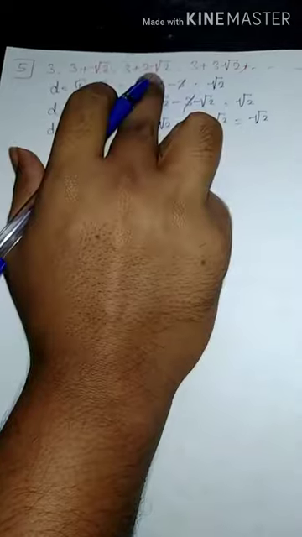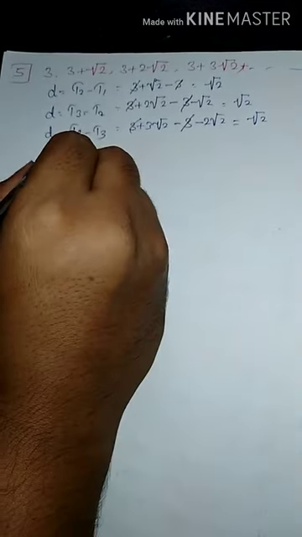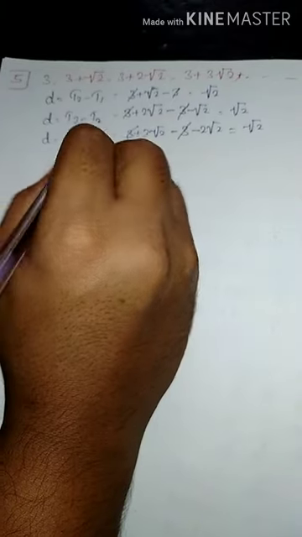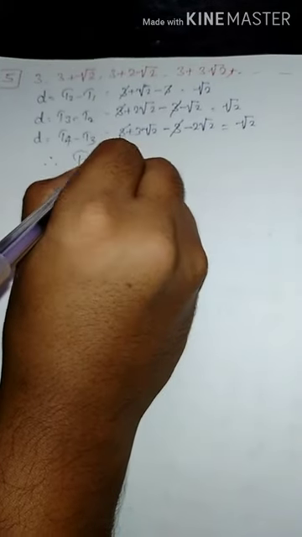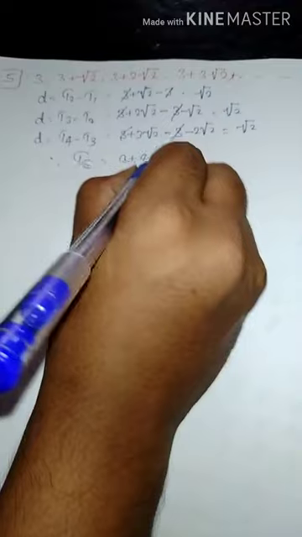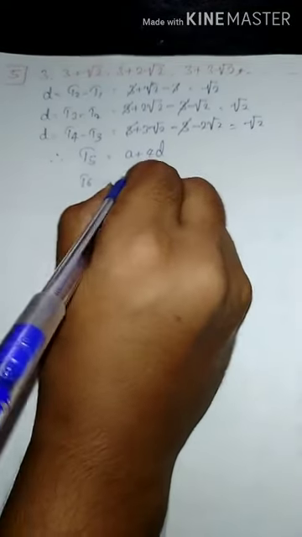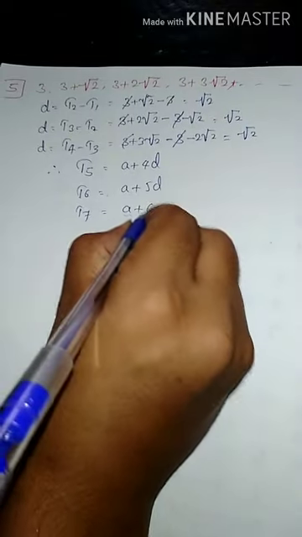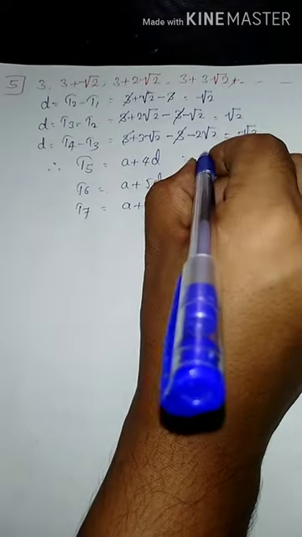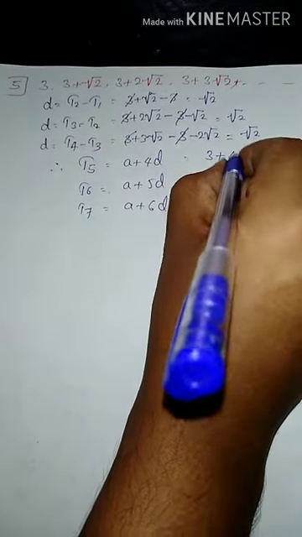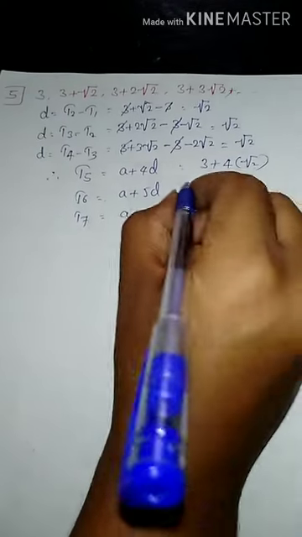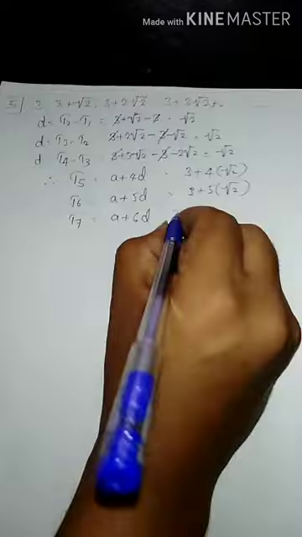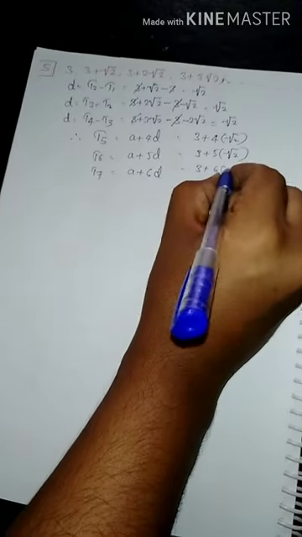Therefore the given progression is an arithmetic progression. The next three terms of this AP are T5 is equal to A plus 4D, T6 is equal to A plus 5D, T7 is equal to A plus 6D. A is 3 and D, the common difference, is root 2.